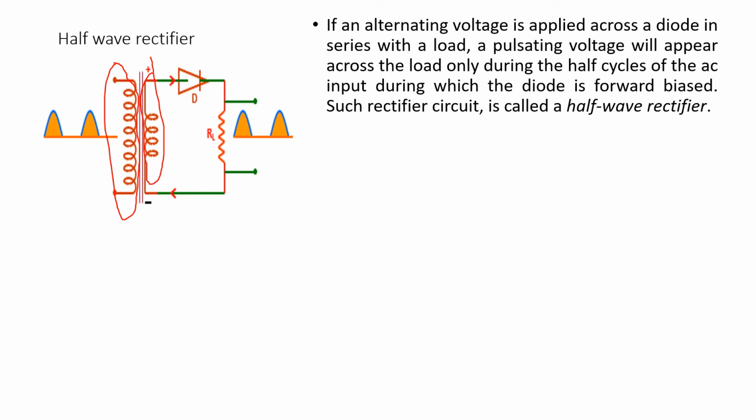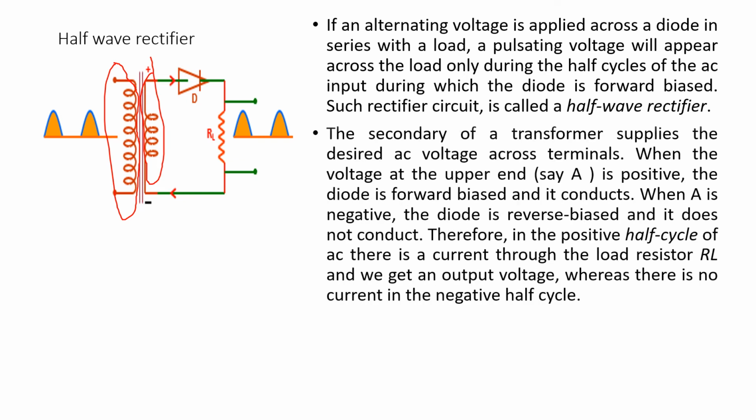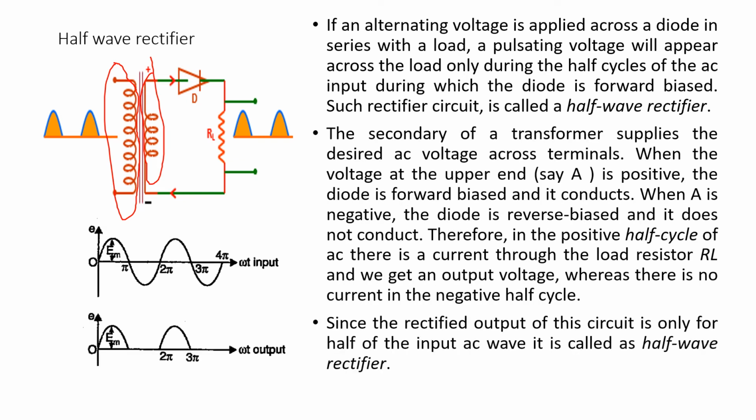If an alternating voltage is applied across the diode in series with a load, a pulsating voltage will appear across the load. See, this is the alternating voltage applied to the primary. During the positive half cycle, this end becomes positive and the diode is forward biased.